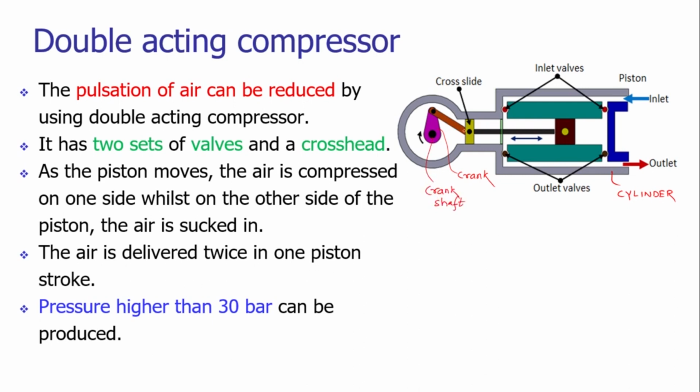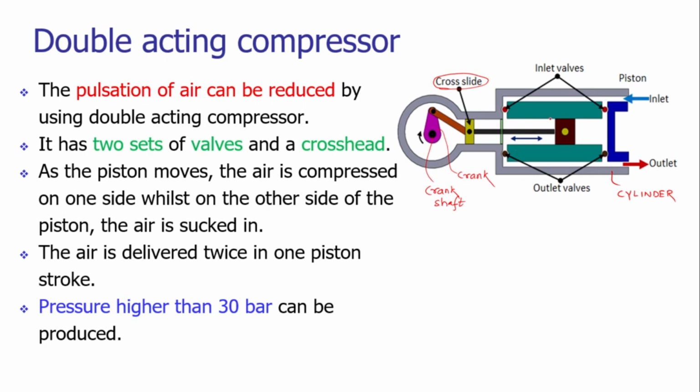The piston is connected to the connecting rod through a cross slide, and here that cross slide is helping us to get more efficiency of the system. During the rotation of the crank, the piston is reciprocating inside the cylinder bore.